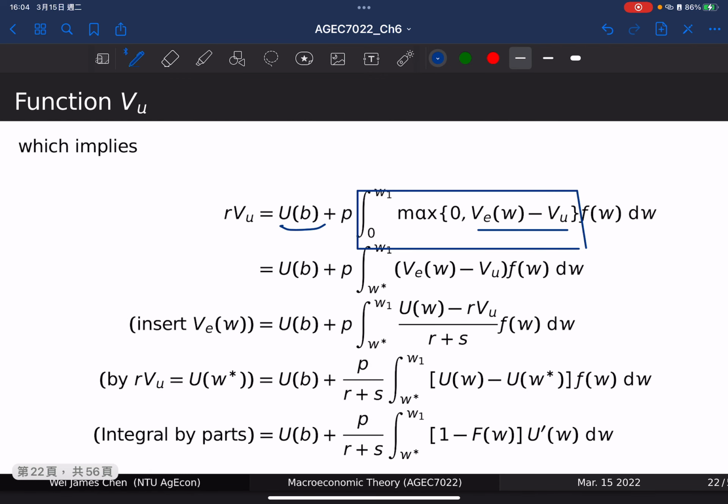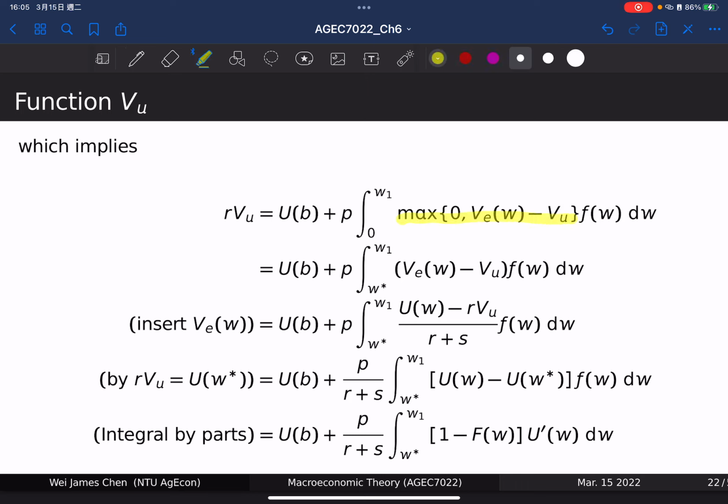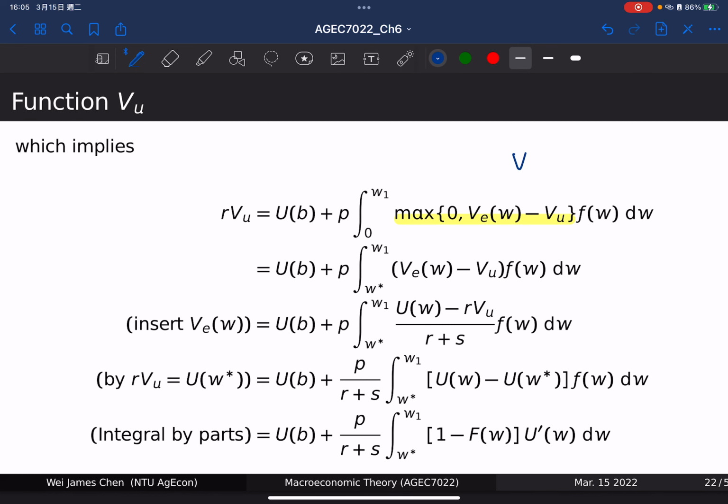That's why I have u of b plus the whole thing. The key is how to get this. And then this actually becomes easier.